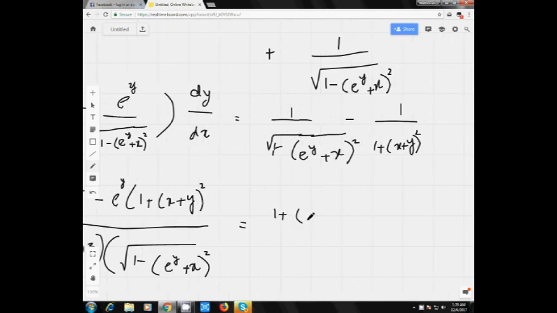You obtain (1 plus x plus y) whole square minus a square root of (1 minus e raised to the power (y plus x)) whole square.